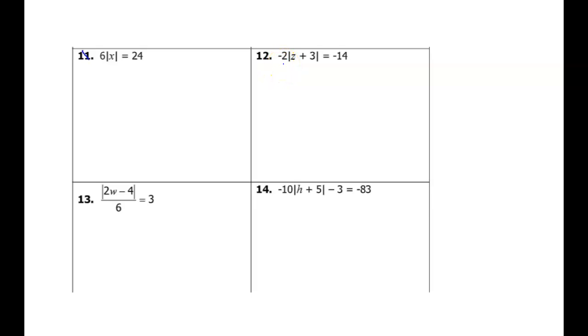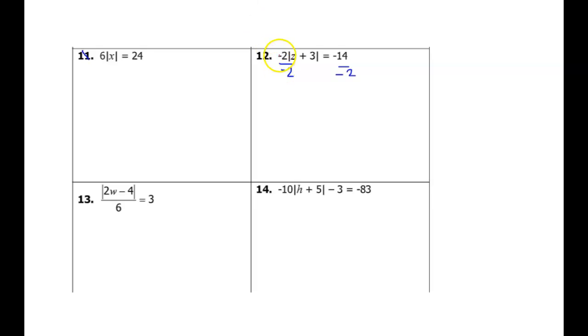So that means to get rid of that negative 2, what do I need to do, Adriana? If negative 2 is being multiplied, I need to do what? Divide. Yeah, I'm going to divide by negative 2. Make sure you're using your inverse operation. So on both sides, I will divide by negative 2. To the left side, the negative 2's cancel.